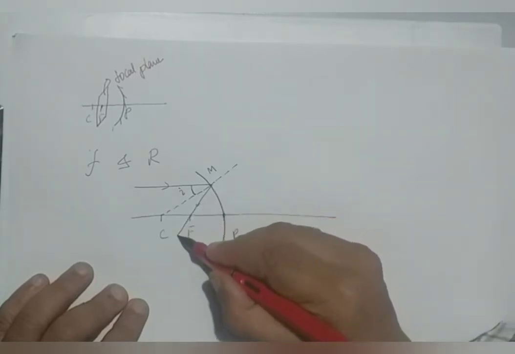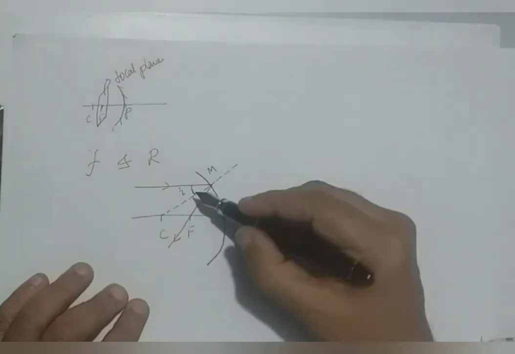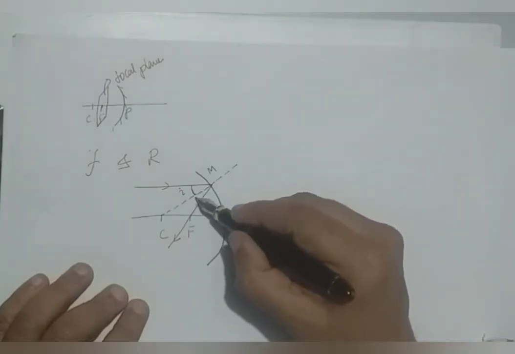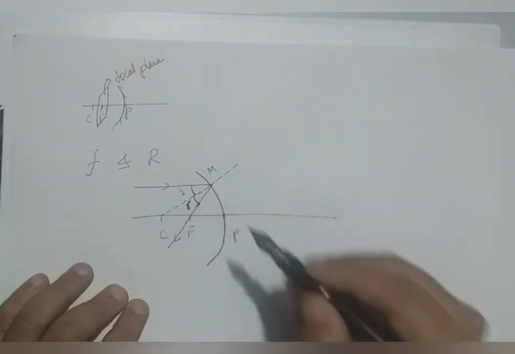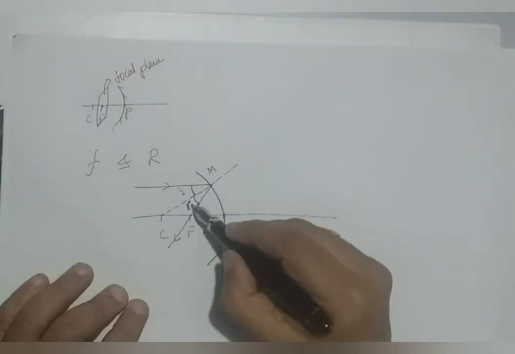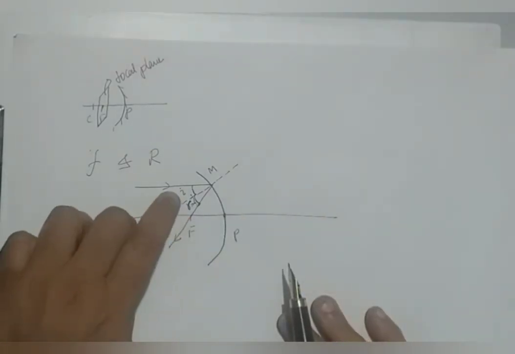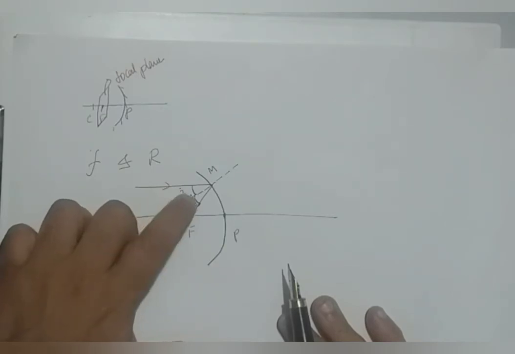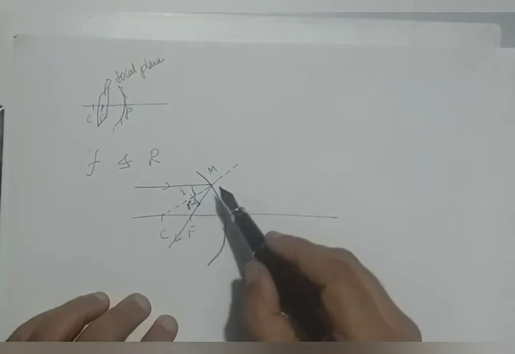In geometrical optics, the figures are very important, and in the board exams, the rays must be drawn with arrow marks. Without forgetting the arrow mark, you must draw the rays. This is the angle of reflection, which is nothing but the angle of incidence because of the second law, so i equals i. Now, by using geometry, look at this.